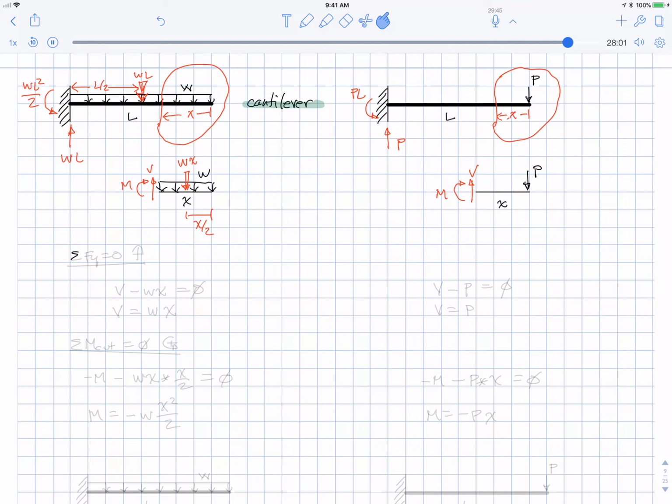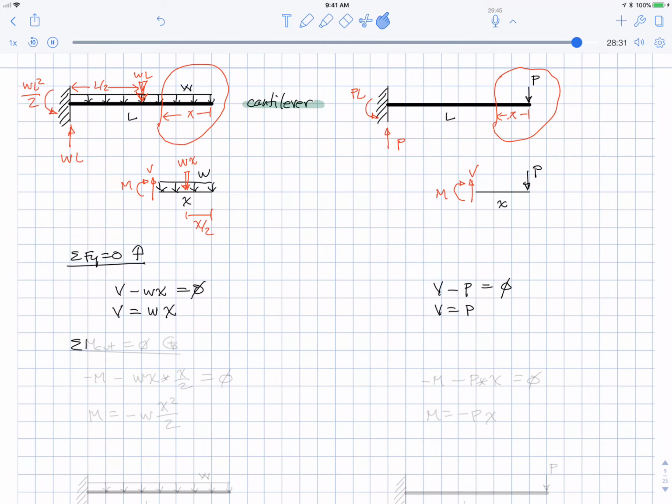Taking sum Fy equals 0, up is positive, for this one, V going up minus Wx coming down equals 0, or V equals Wx. For this one, we have V going up, P going down, that's it, equals 0, so V equals P.